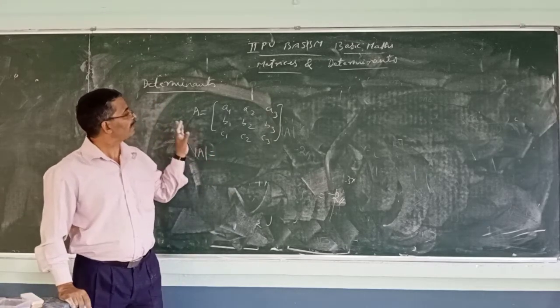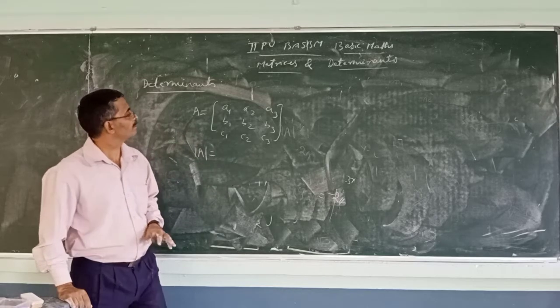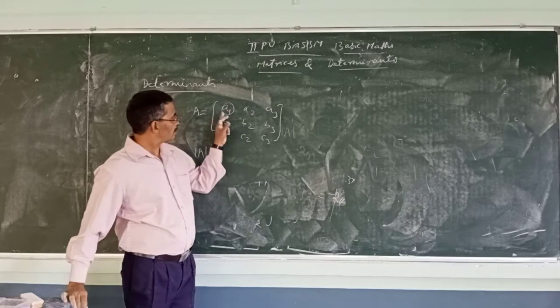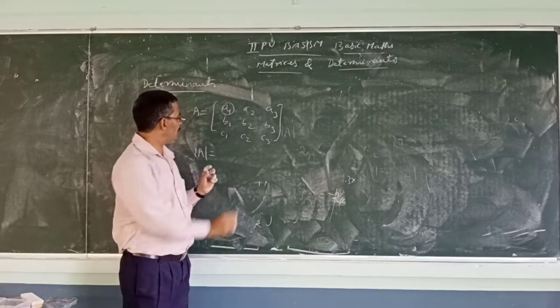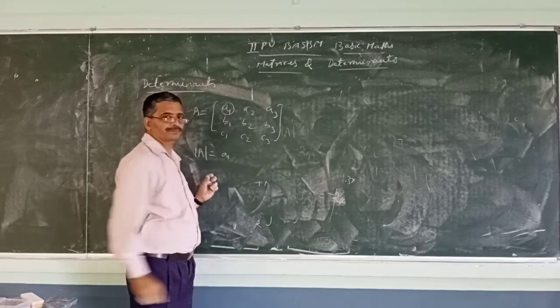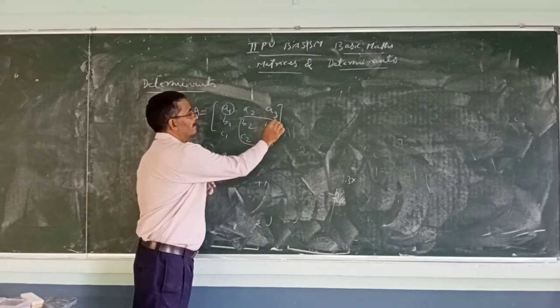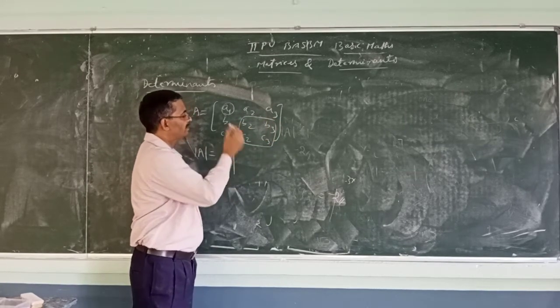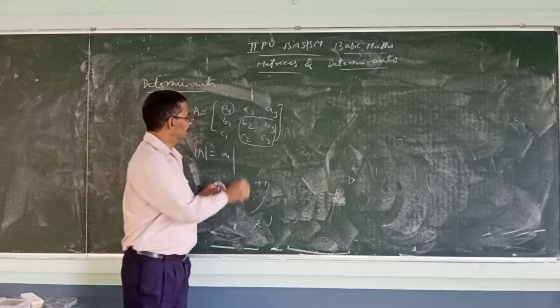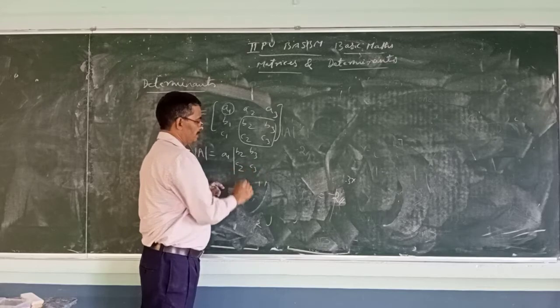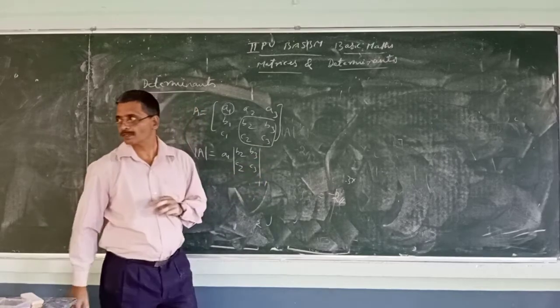Now, the determinant of A, I will calculate like this first. You take the top element A1. So A1 into the determinant of B2, B3, C2, C3. First one.